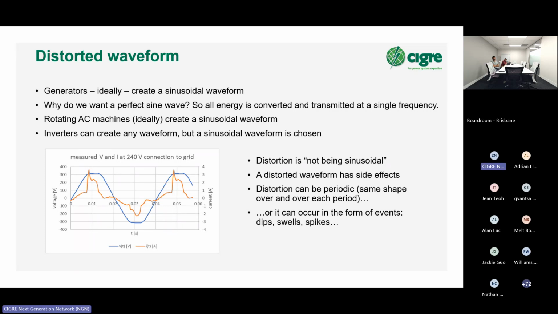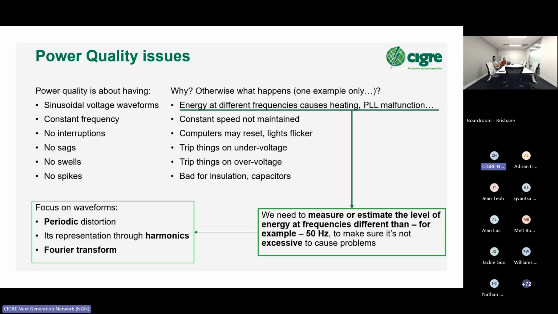I did something wrong with the time axis, apologies. It looks like we are running at 25 hertz here because it's 40 milliseconds for a period. No, I got the time axis wrong, sorry. But over a period, the next period, you can tell it is the same. So there is something that is periodic, and this we call harmonic distortion.